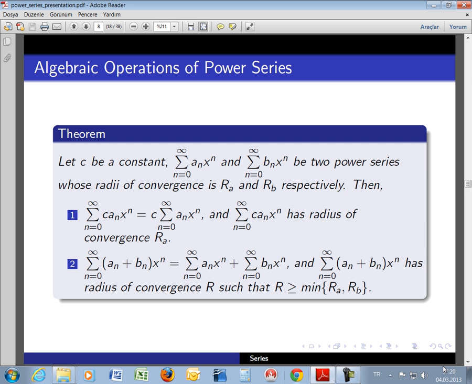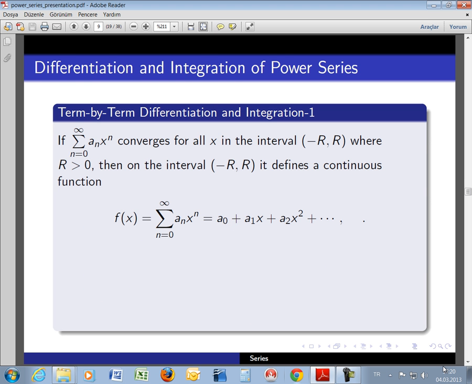So in this way, we just mentioned the sum of two power series, or a constant times a power series. But the next theorem is a useful and important theorem.